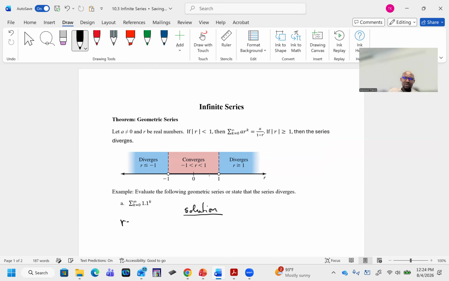And because the absolute value of r in this case is greater than or equal to 1, we just stop there. We can say the series diverges, and that's it.